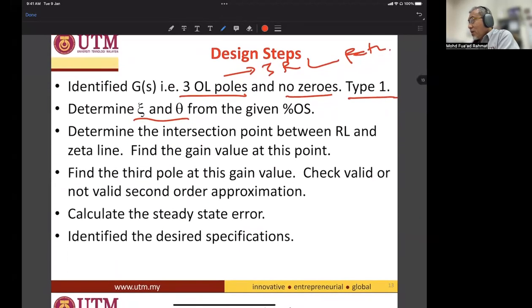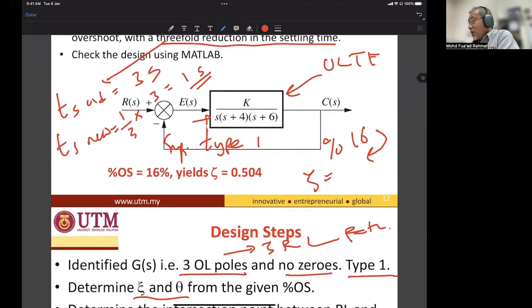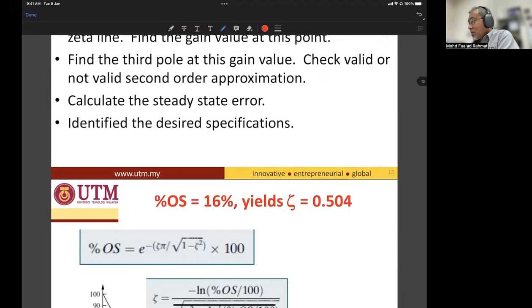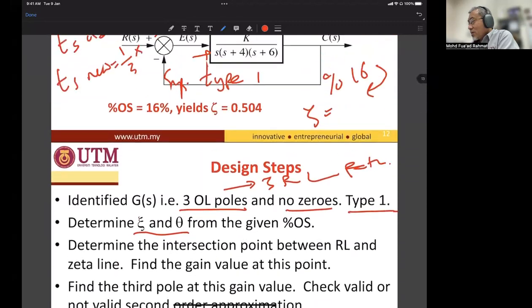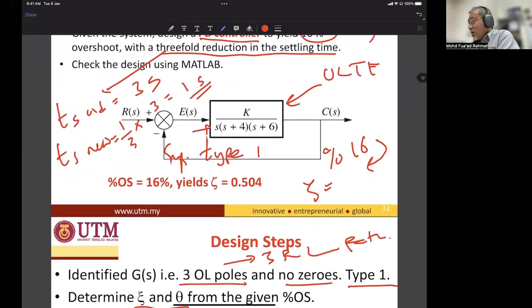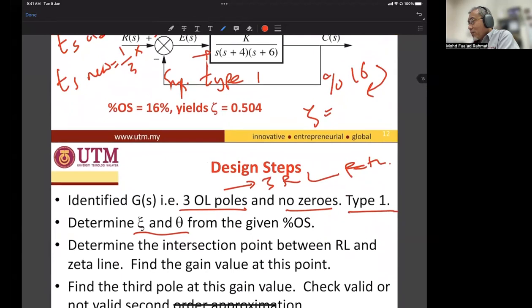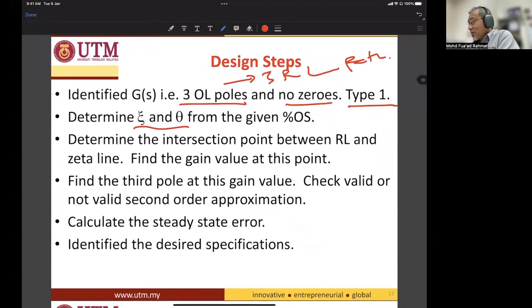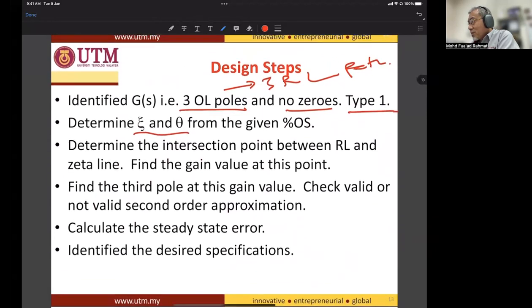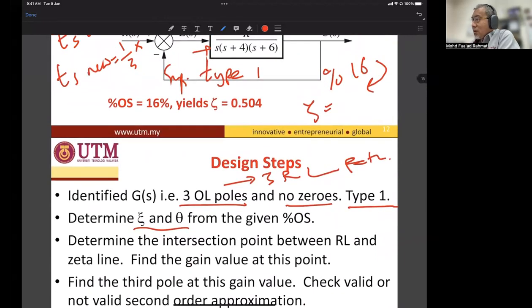What is the zeta value? The equivalent of 16% overshoot, 80.79? What is this? Degree.